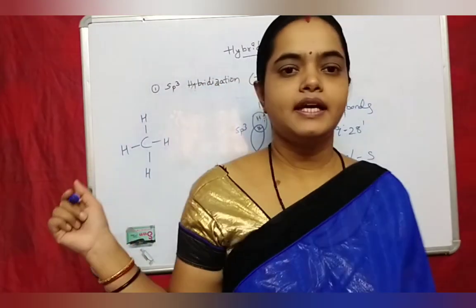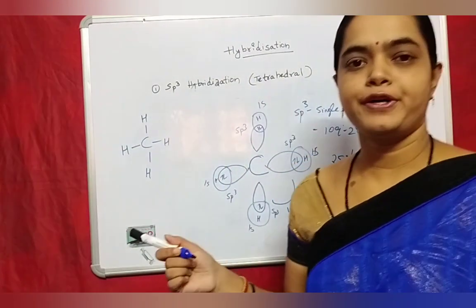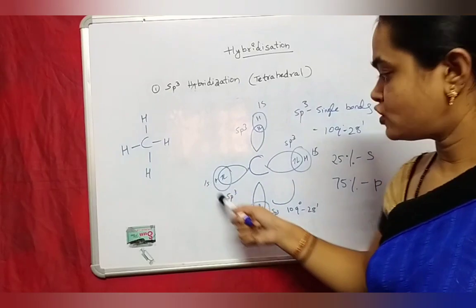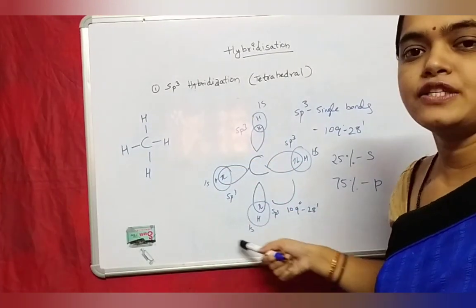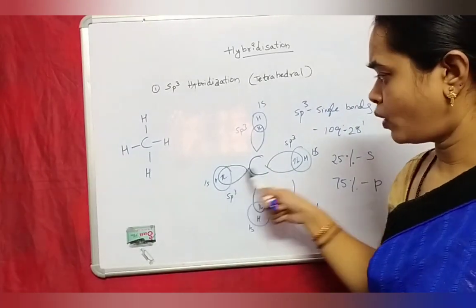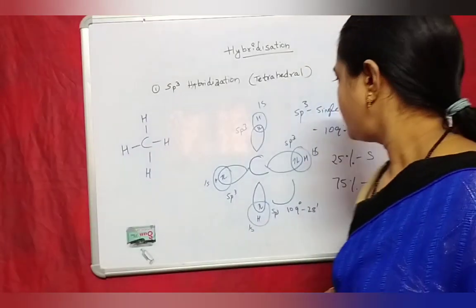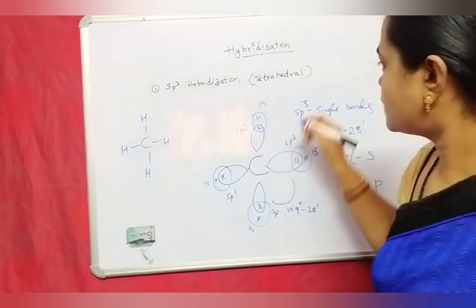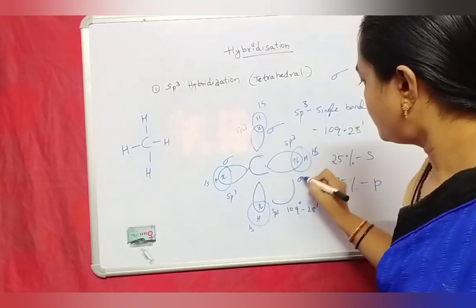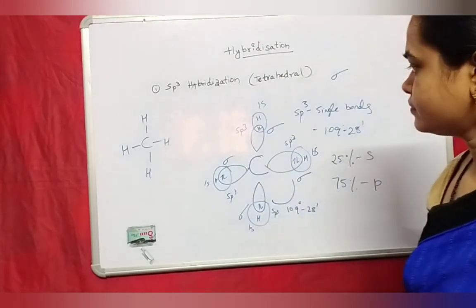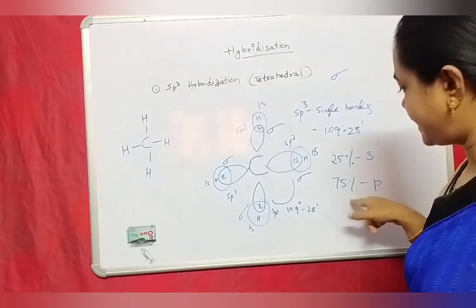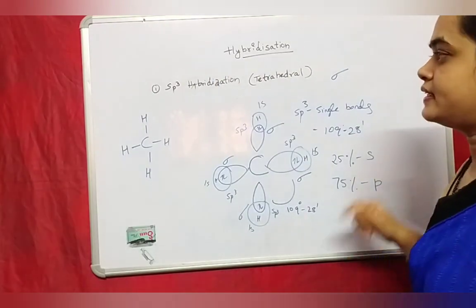Simple. In carbon, 4 hybrid orbitals combine with 4 hydrogens to form CH4. This is the structure of a CH4 methane molecule, and all these are single bonds, called sigma bonds. Here 25% s character, while the p character is 75%.